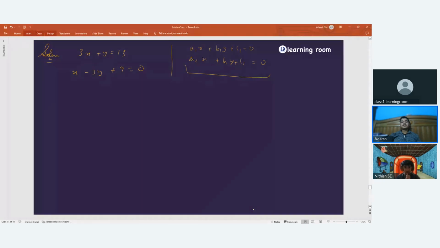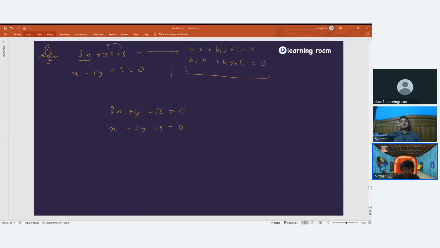Is this equation in this form? No. The c should be on the left hand side. It should be 3x plus y minus 13 is equal to 0, and x minus 3y plus 9 is equal to 0. Now you have got everything, a, b, and c. You have to first make it into that form, then solve this.